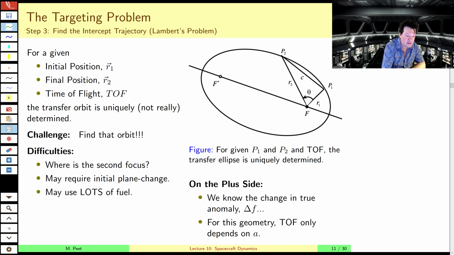So we have an initial position, a final position, and we have a delta t, that's our amount of time we have, or time of flight, which we have to get there.